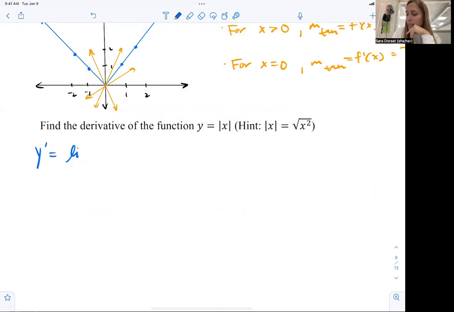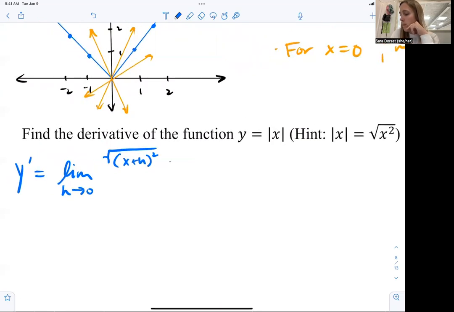It will be the limit as h approaches 0 of the difference quotient, but I'm using that other form of absolute value of x. So the square root of (x plus h) squared, minus the square root of x squared, all over h.